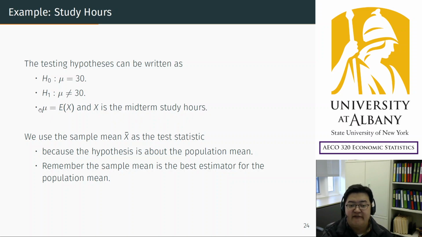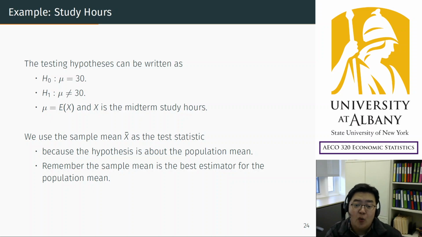And we'll define its expected value as mu, which is an unknown parameter. And I believe that unknown parameter equals 30. And then automatically, the alternative hypothesis becomes mu different from 30.